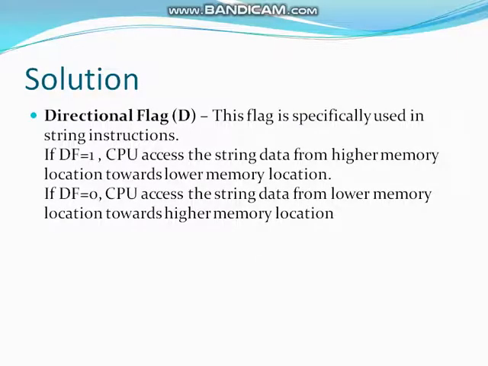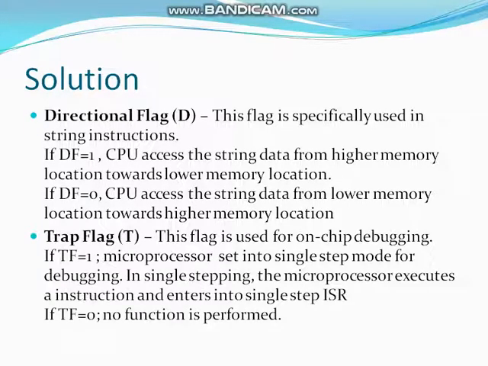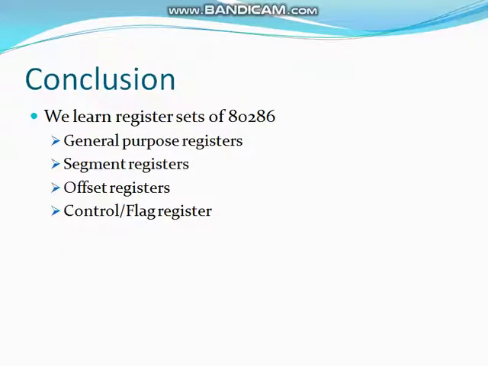The direction flag is basically used to perform string manipulation operations, and the trap flag is basically used to operate your processor in debug mode, either single step or multi-step. If it is 1, then the processor executes the program step by step, otherwise no such function is performed.